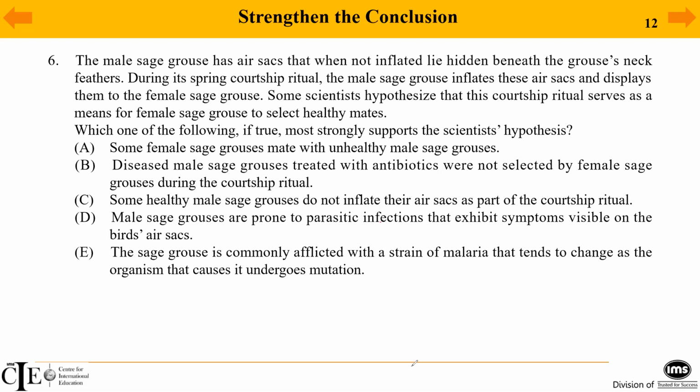During its spring courtship ritual, courtship meaning when it is engaging in mating, the male sage grouse inflates these air sacs and displays them to the female sage grouse. Some scientists hypothesize that this courtship ritual serves as a means for female sage grouse to select healthy males or healthy mates. So we have to support this, saying that yes, this is a symbol of health.